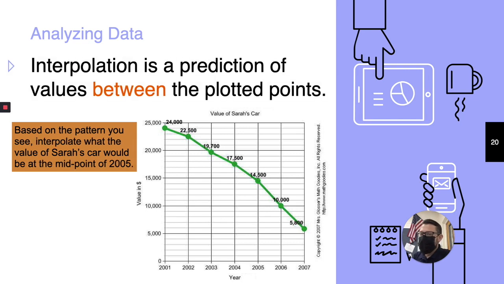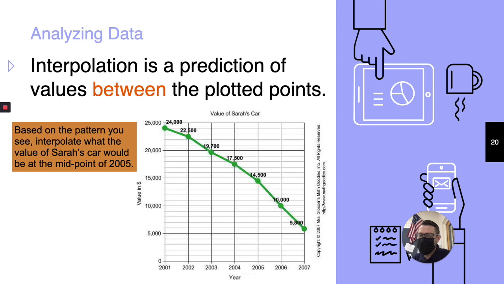Now, another way we can go about doing this is we can interpolate the data. Again, extrapolate is extra; interpolate is when we're in the middle of our data. So every year, let's say in January, Sarah takes her car in to figure out how much it's worth. What if we wanted to know how much the car was worth in July? Well, we didn't measure that in July, but we do have the measurements from one January to the next.